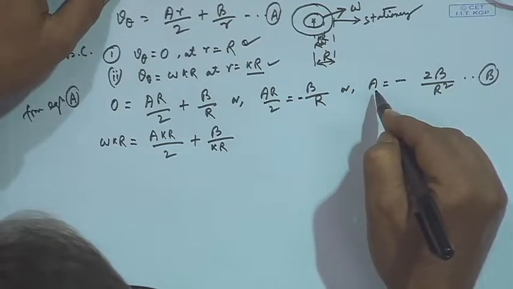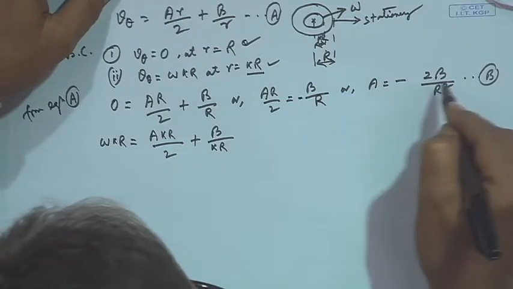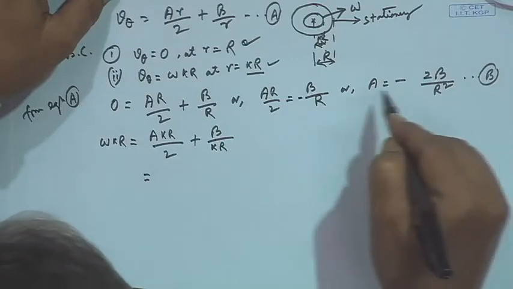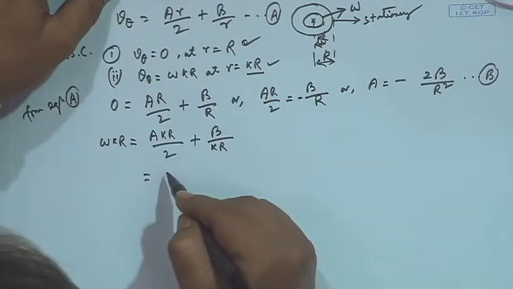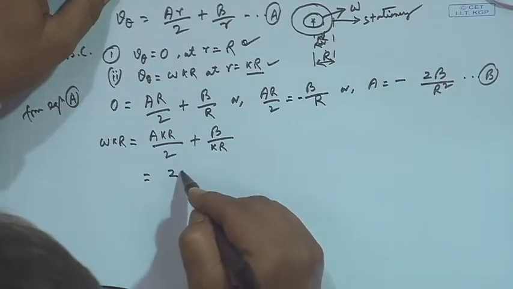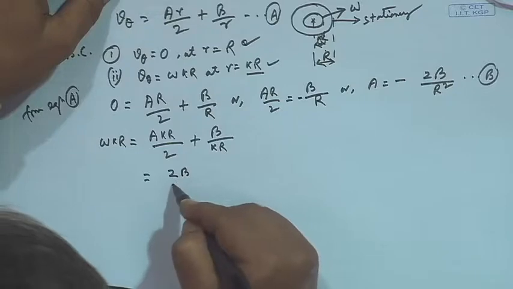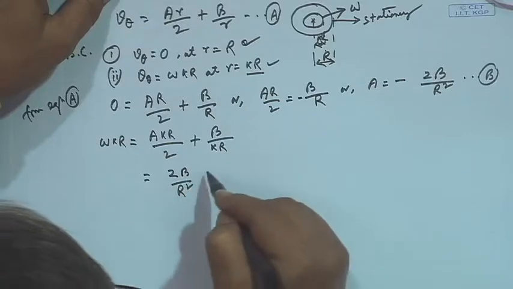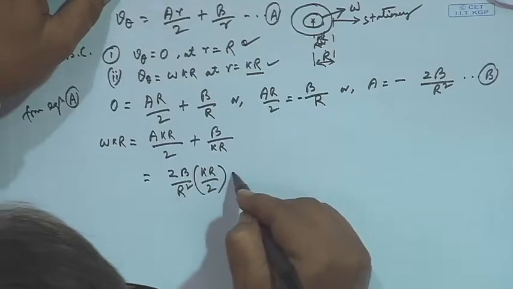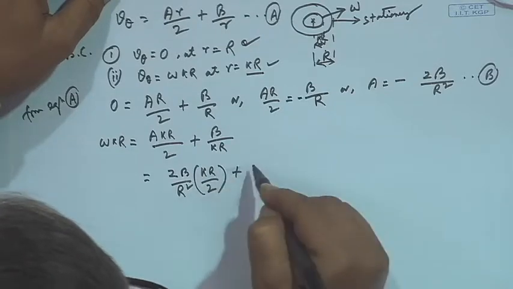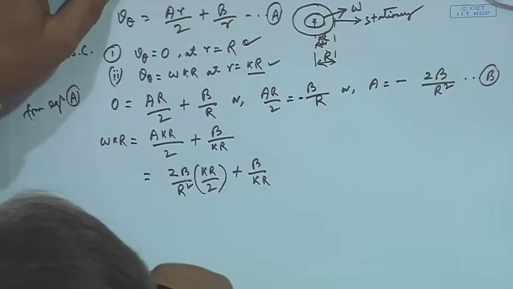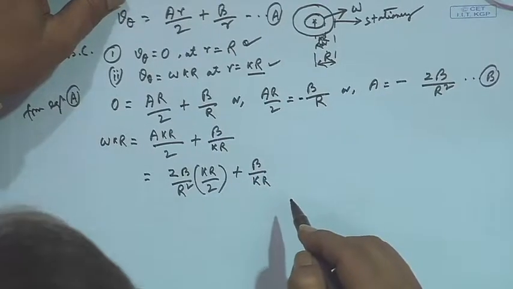Now, A we have already found out to be minus 2B by R square. So, we can write minus 2B by R square into kr by 2 plus B by kr equals omega kr.